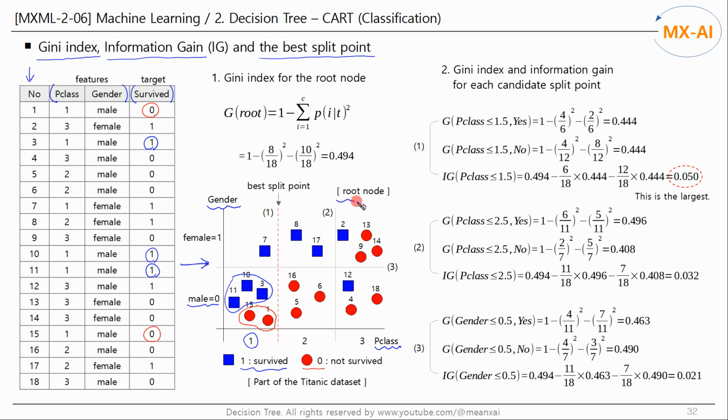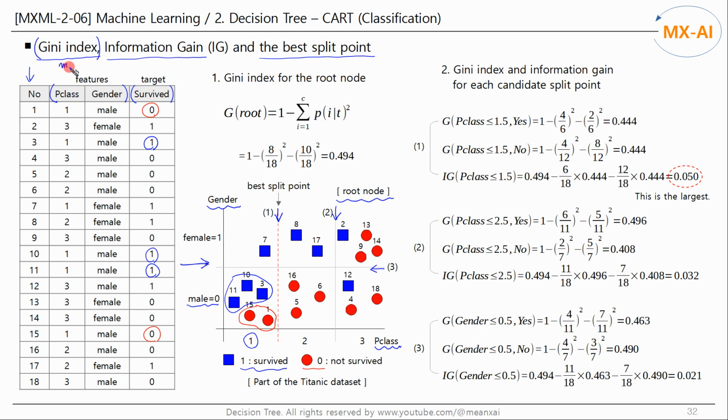This is the root node of the decision tree. We will split this node into 2 child nodes. There are usually many possible split points to choose from. In this example, there are the following 3 candidate split points. CART uses the Gini index to determine the best split point.